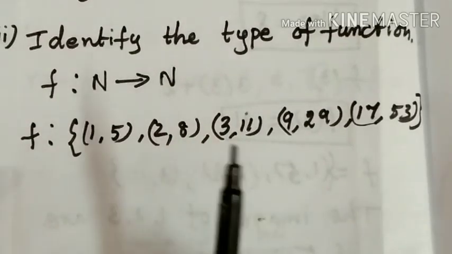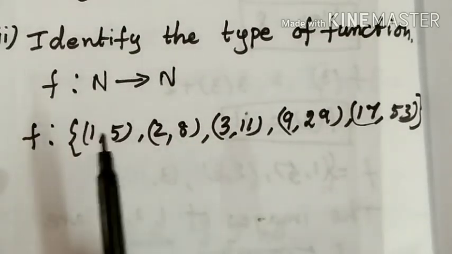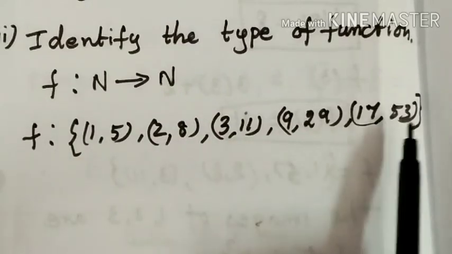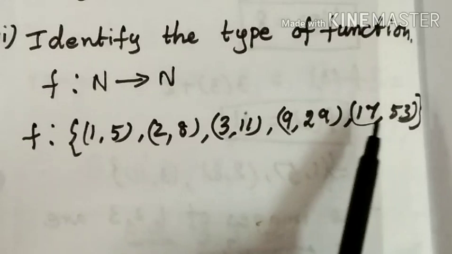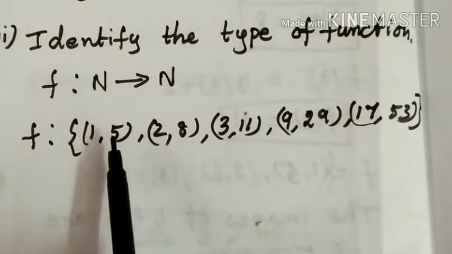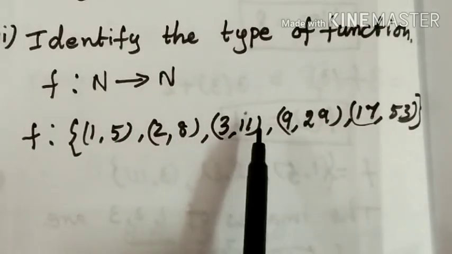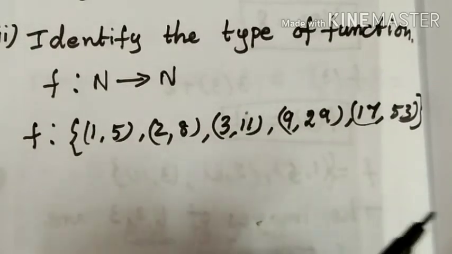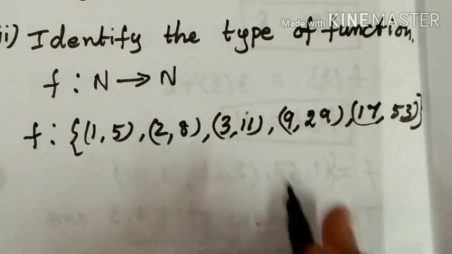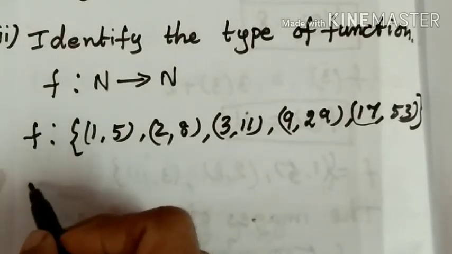Distinct elements have distinct images. So see these ordered pairs, every element belonging to natural numbers has a different image belonging to natural numbers. Therefore, it satisfies the condition of a one-one function.